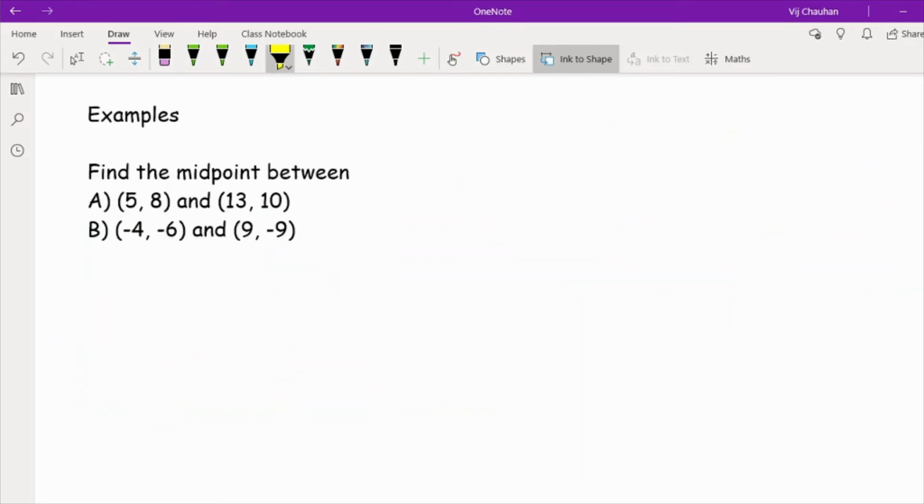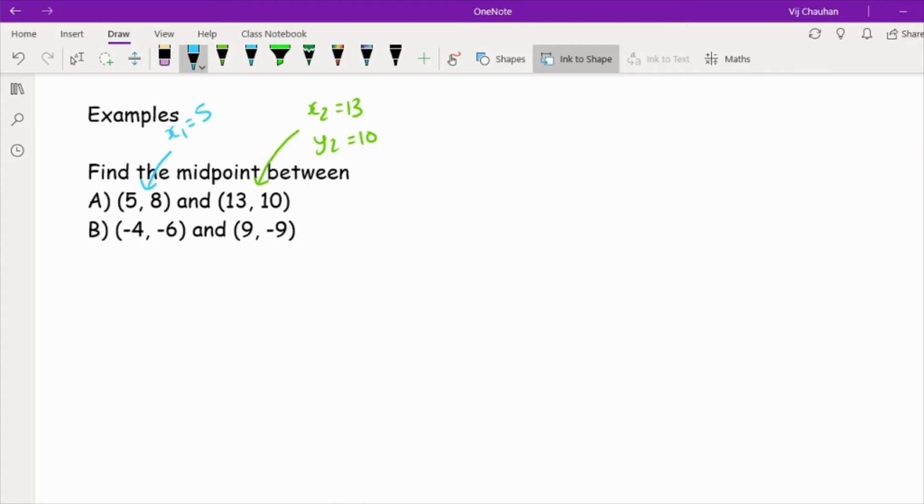First things first, what I strongly recommend is that you label the coordinates. So this coordinate here is going to be my second coordinate, so x2 equals 13, y2 equals 10, and for the first coordinate, x1 is going to equal 5 and y1 is going to equal 8.